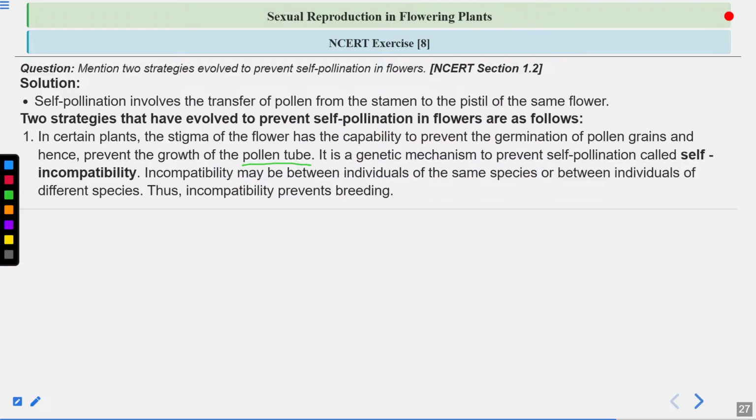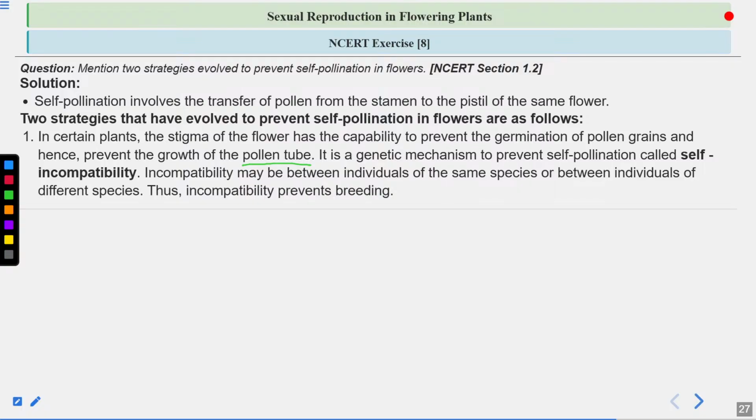In the last class, I told you that there is a genetic mechanism. If the word genetic comes, then there is an involvement of genes. Suppose the pistil has genes like S1 and S2, and the pollen grain also has the same genes, S1 and S2. Then this pistil will not allow the pollen to germinate on its stigma, because they have the same type of gene.